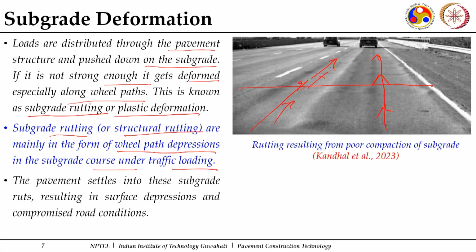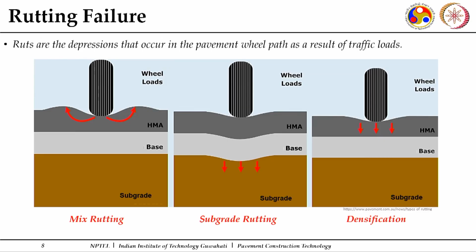The pavement settles into these subgrade ruts, and since layers are resting over each other, in due course of time, if there is a deformation in the subgrade, then the upper layers will also get depressed, and this will get reflected on the top surface. So, this is a picture to give a better understanding of it. Our focus will be on subgrade rutting. The other kinds of rutting we will discuss when the other courses are discussed.